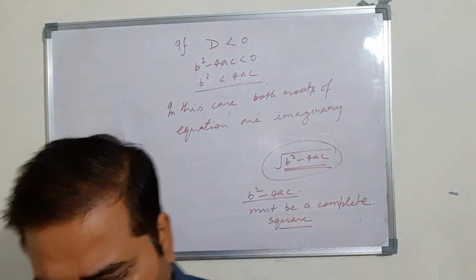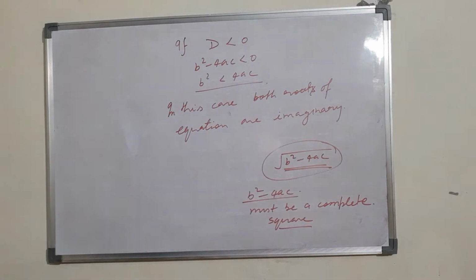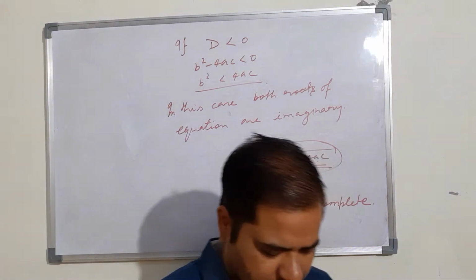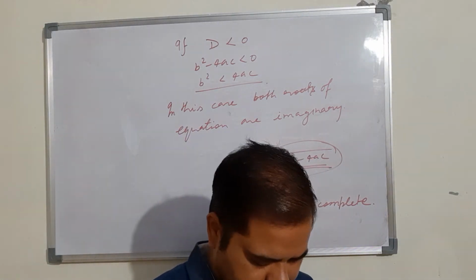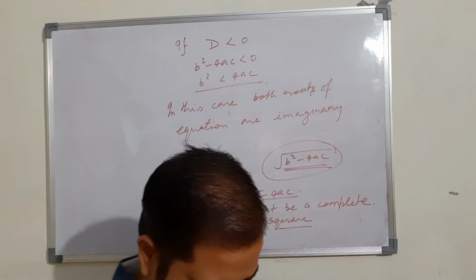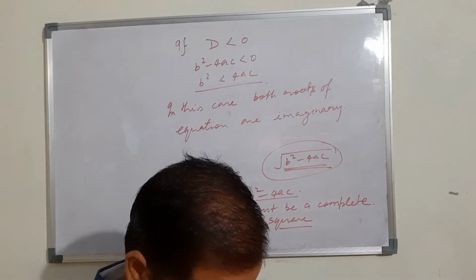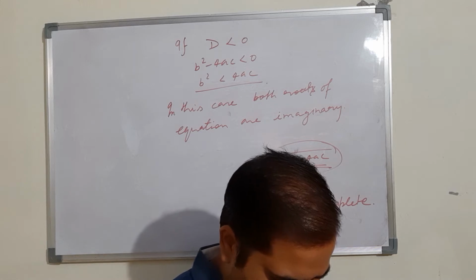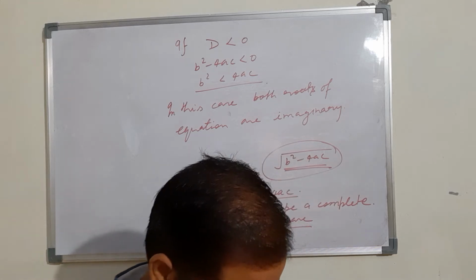Okay. Now next we have to see some questions based on nature of roots. So listen. Find the discriminant of the equation and hence find the nature of the roots.